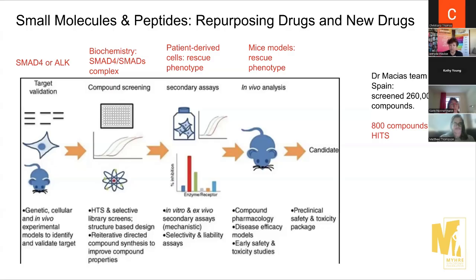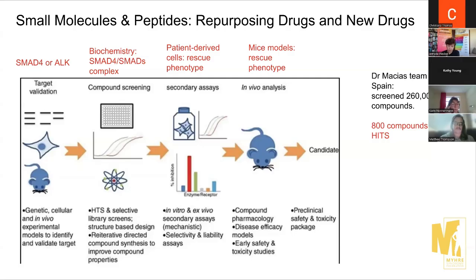So we are going to select the best compounds and then go to the next step, organoids, if we have them at that moment, because we need more money to develop the organoids. We just have the vascularization in 3D, but we don't really have the organoids. The skin organoid and the brain organoid are not yet ready.